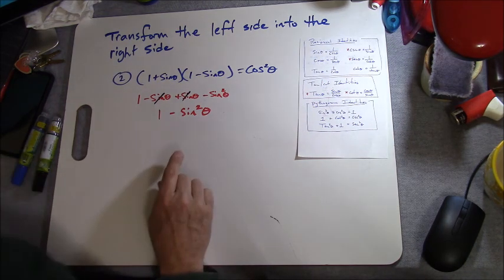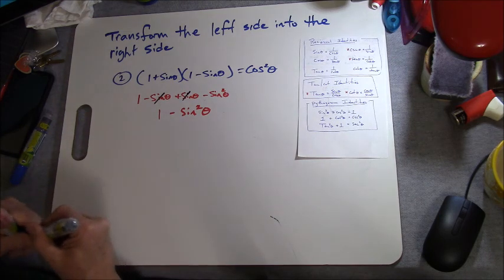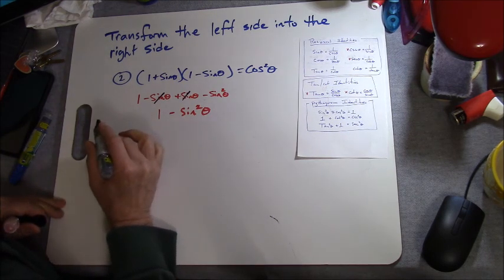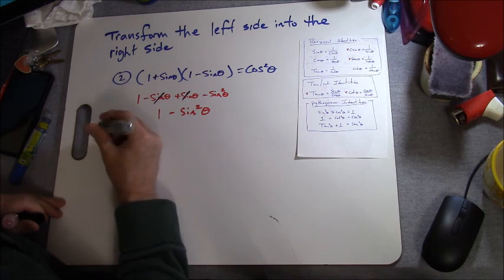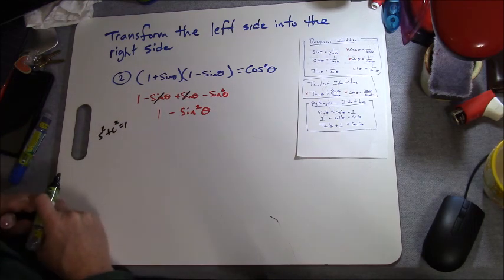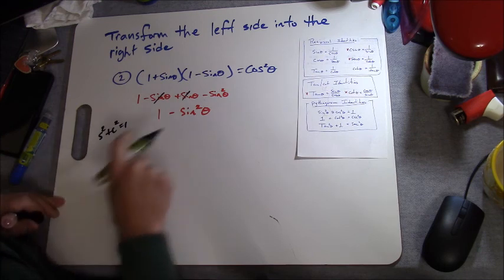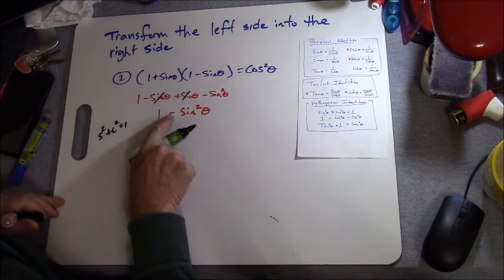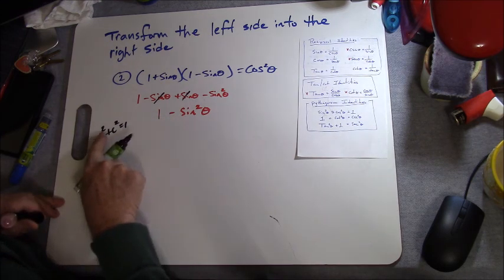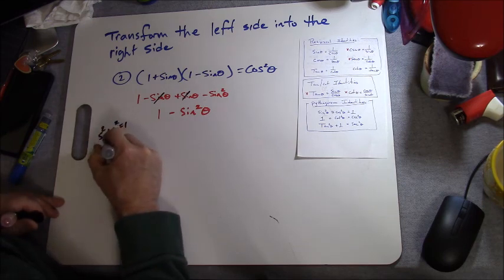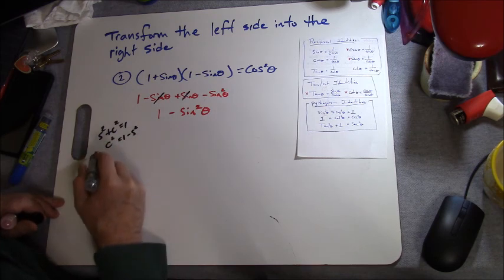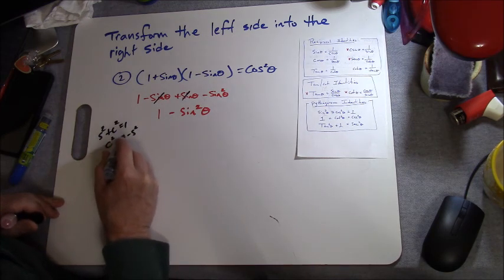Okay, so what I'm going to do is come off to the side here and do my chicken scratch thing where I say sine squared plus cosine squared equals 1. And I go, all right, well what I have here is 1 minus a sine squared, so let's move the sine over to this side. So I get cosine squared equals 1 minus sine squared.